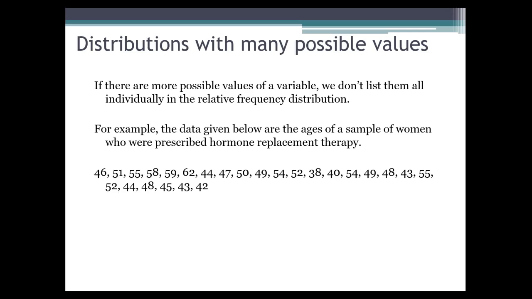I think the point of doing a graph or a chart like this is to get a big picture view of what's going on, and to me it's easier to do that with round numbers.